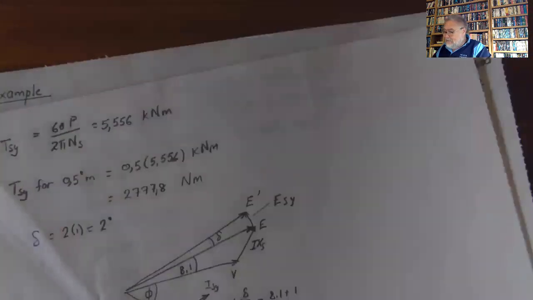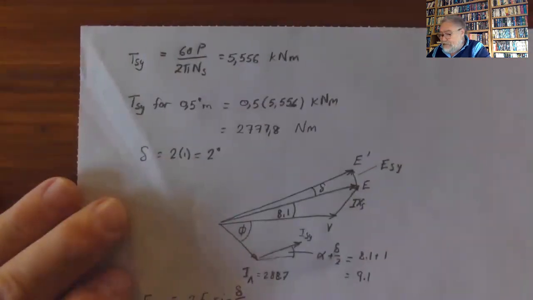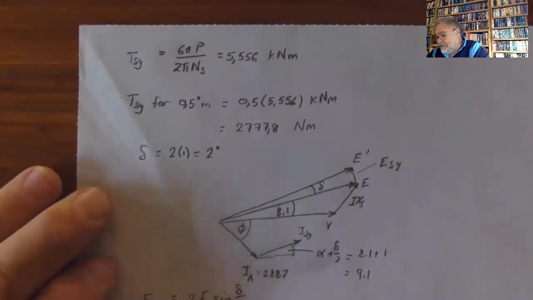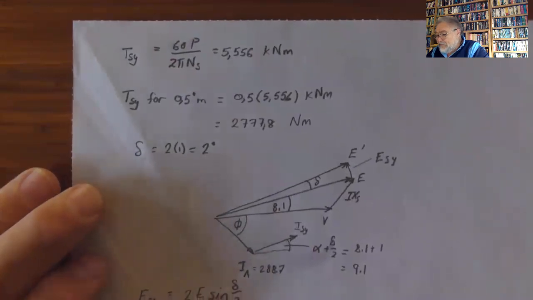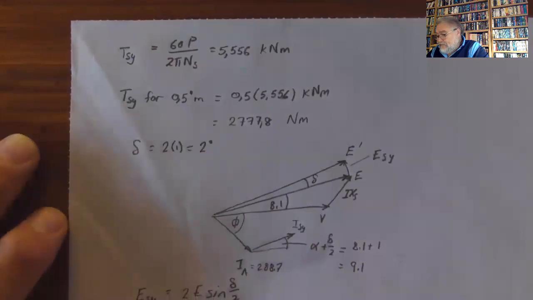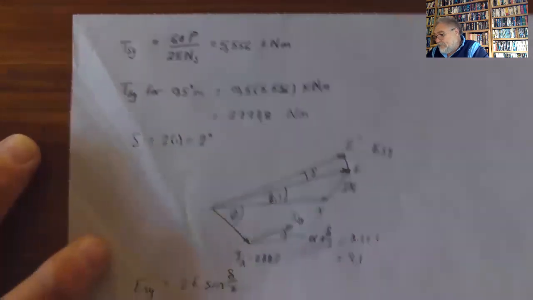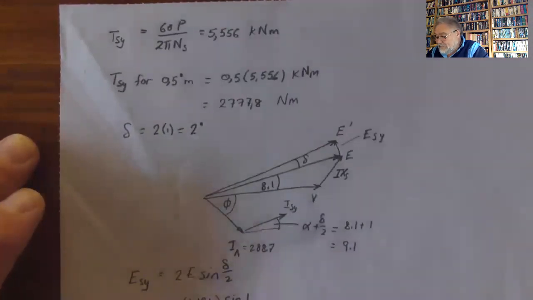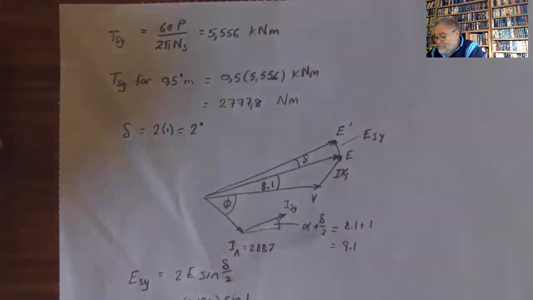Then the synchronizing torque is 60 times P divided by 2 pi ns. That gives us a value of 5.556 kilonewton meter. Now the synchronizing torque for 0.5 mechanical degrees will be 0.5 times 5556, which is 2777.8 Newton meters.